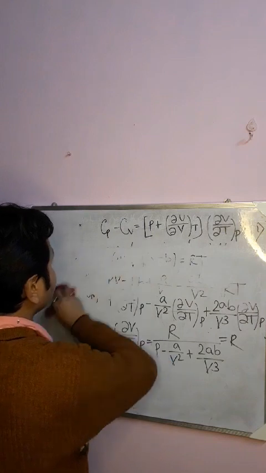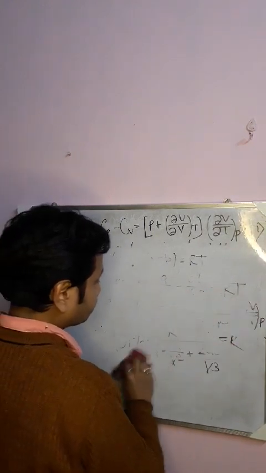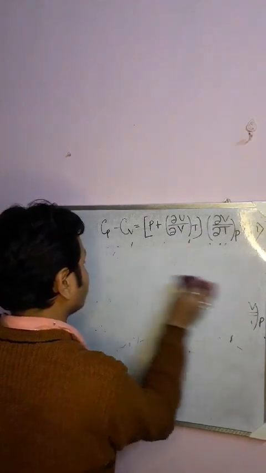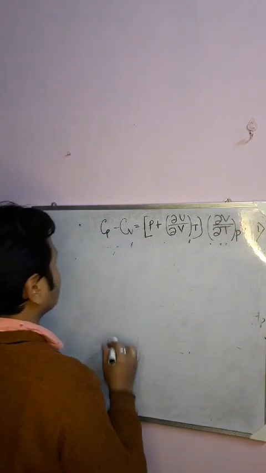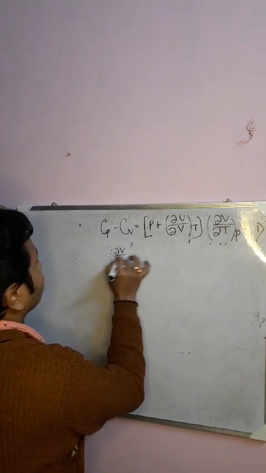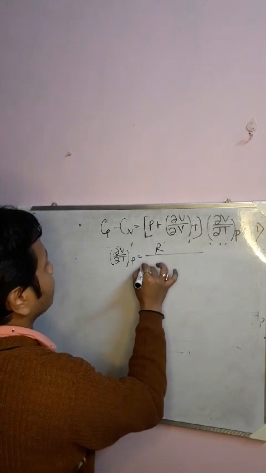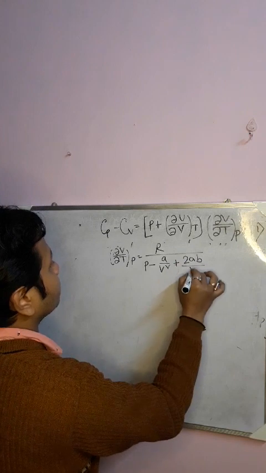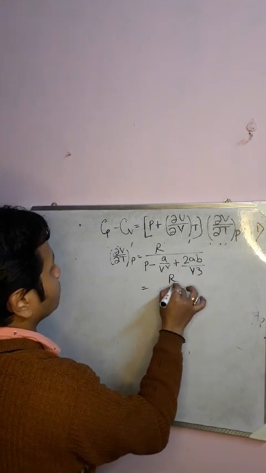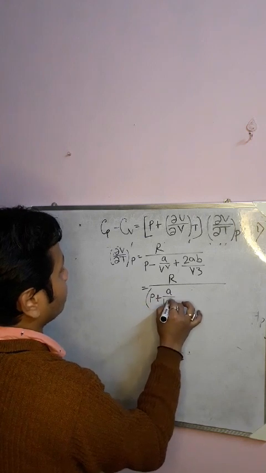So let us simplify this more and see what happens. So what will be my del V del T at constant pressure? We get R divided by P minus A by V square plus 2AB by V cube. If we rearrange it, we can write it in this way.